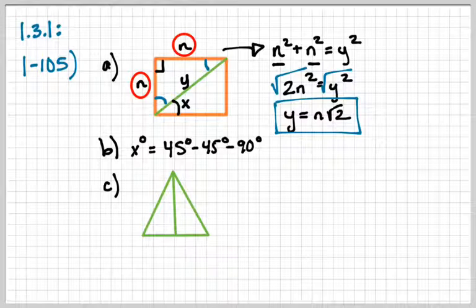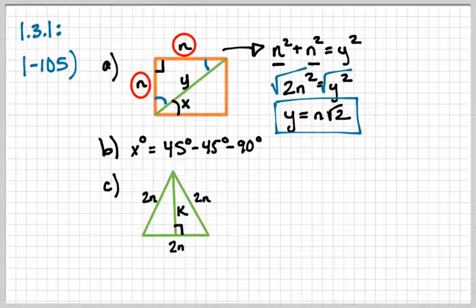We'll drop down the altitude, label the sides. Gives you 2n, 2n, tells you the altitude is k, and then it also says the bottom is 2n. So this is actually an equilateral triangle, 60, 60, 60, but we're dropping an altitude down the middle of it, and we know this is a right angle.